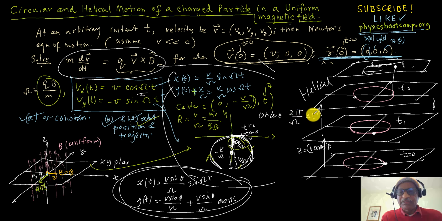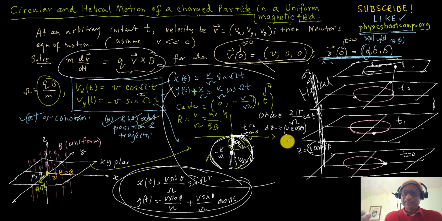So that's the delta t. And in that delta t, how much distance was covered, that's delta z. It will be going with this pitch, V cosine theta, that's the projection along the z-axis, times this delta t, 2 pi over omega. So this is once around.